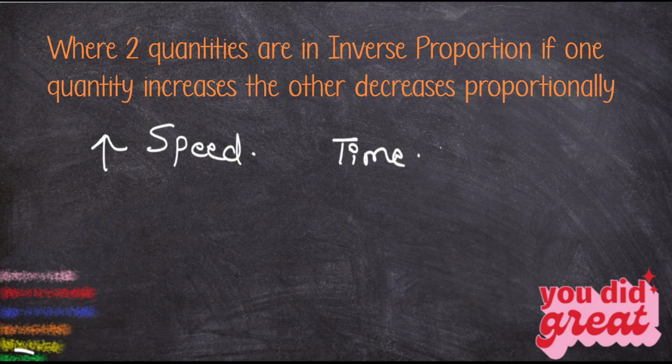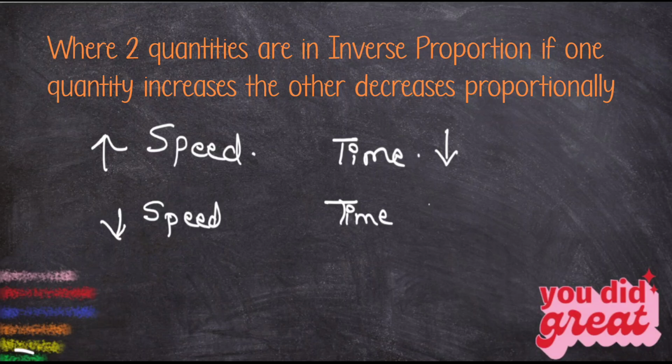Very good, the time decreases. If I decrease the speed, what will happen to the time? The time will increase. So this is exactly the meaning of inverse proportion, where if the value of one quantity increases, the value of another quantity decreases, and vice versa.